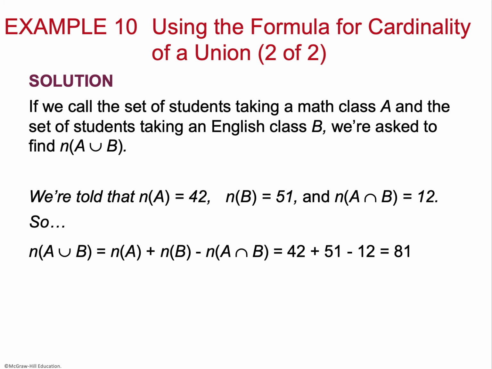Well, if I wanted to find the cardinality of that, I'm going to take my 42 and add 51, and then take away the overlapping pieces for A and B, and that's 12, so I get 81. And that is the end of the lesson.